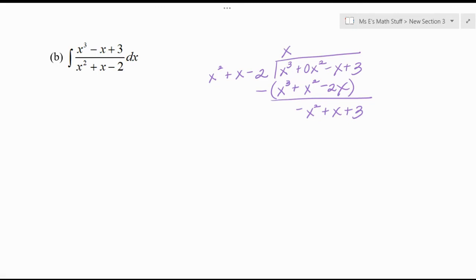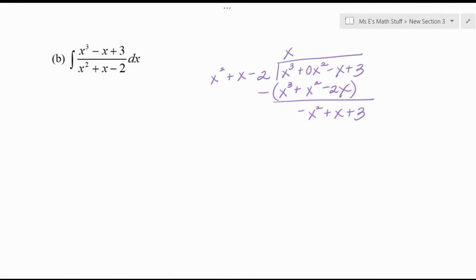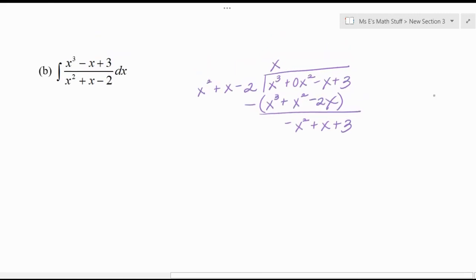So I hope it makes sense that this part that I have here, I don't want that to be my remainder. So I need to go through the round again. So let's see. I think I did that right. Okay. And then from here, let's see, what could we do?